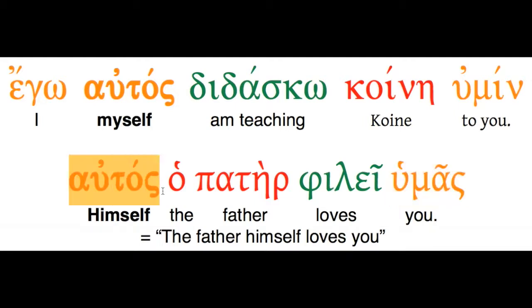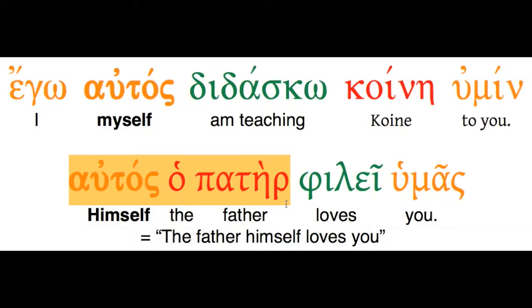We're talking about this, okay? Autos ha pater. Notice there is no article. So it gives this possibility that we have this emphasizing use of autos. And in this case, of course, this just means himself, the Father, loves you. Obviously, in English, we would smooth that out and say the Father himself loves you. The Greek here is making this Father very emphatic.